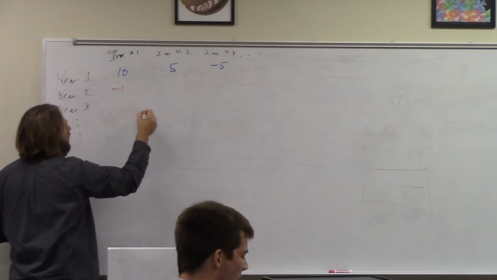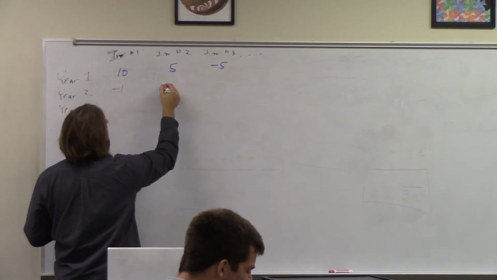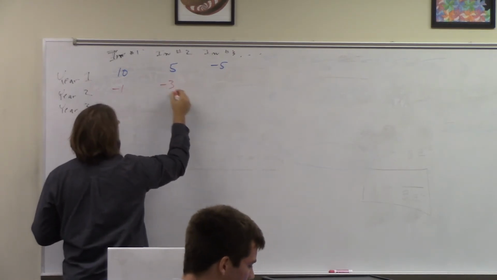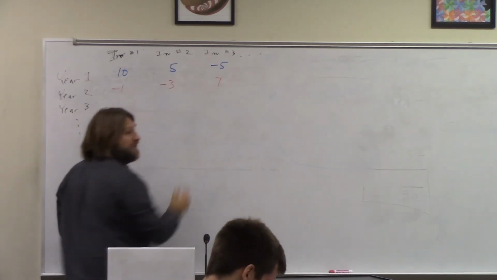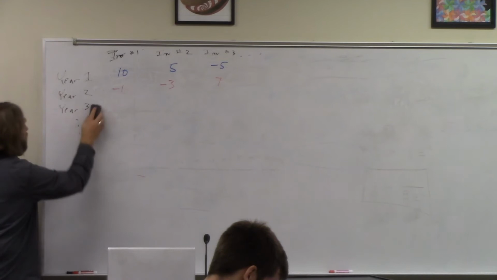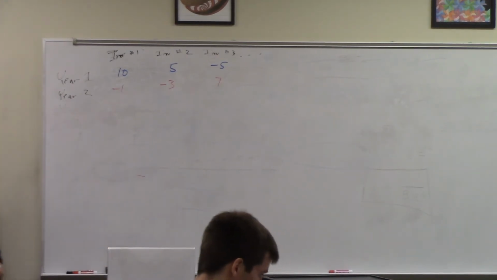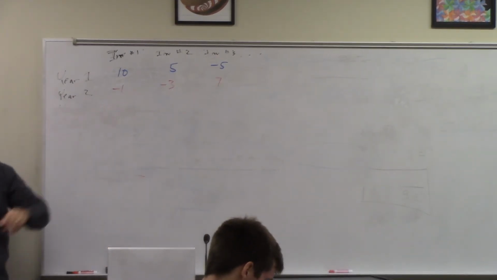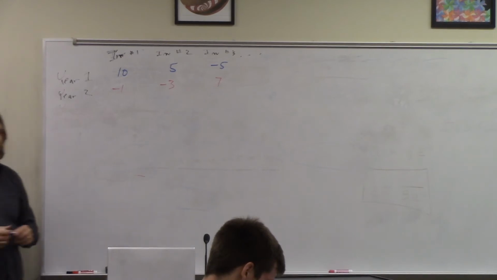We lose 1%, we lose 3%, but we get 7% in this scenario right here. And to keep things easy, let's say those are the only 2 years that we're considering right now, and those are the only 3 investment options that we have available to us.